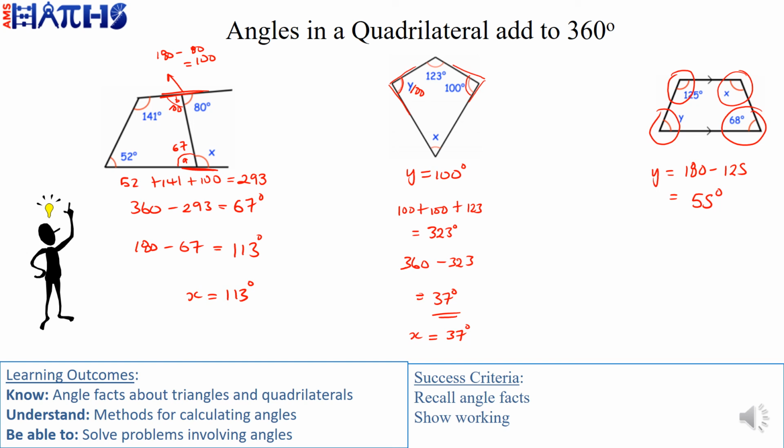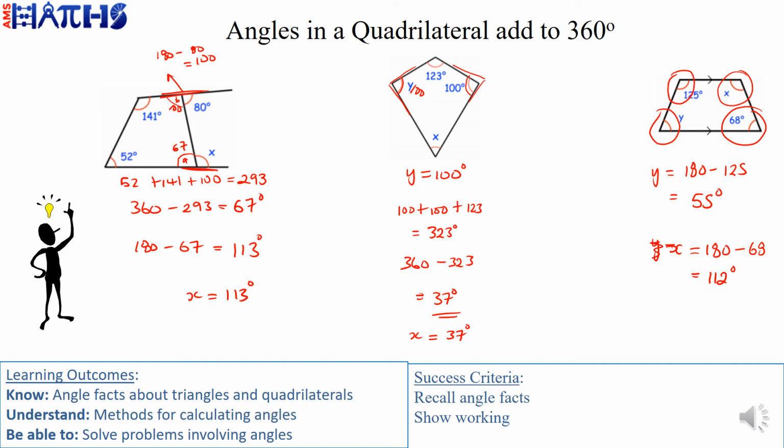And the same goes for x and 68, because they're on opposite sides of the parallel lines in that location. Both of them should add to 180 as well. Co-interior angles, they're called, as I said. So x is going to be equal to 180 minus 68 degrees, and that is going to give us 112 degrees.